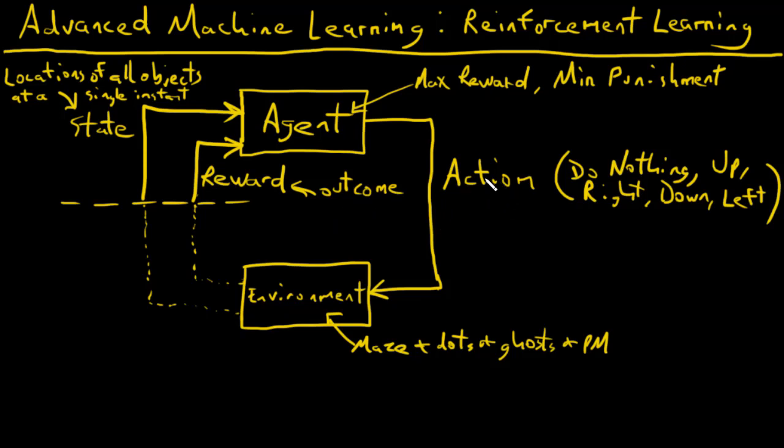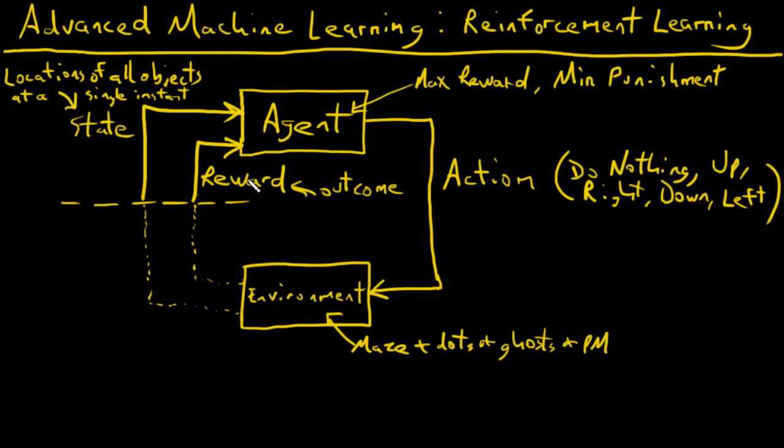So the agent performs an action in the environment. What happens? What does he get out of it? Well, if the reward is a dot, you've moved Pac-Man in the direction of an empty dot, you get 10 points. If you move the agent to where it meets up with a ghost, the reward is death for the Pac-Man.